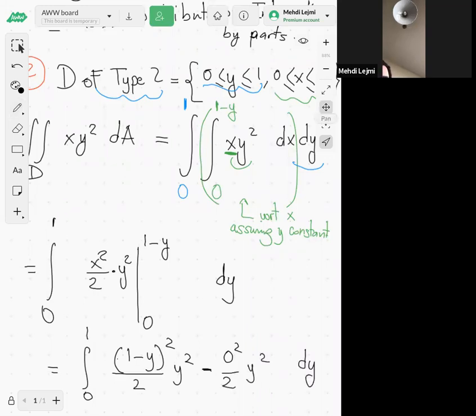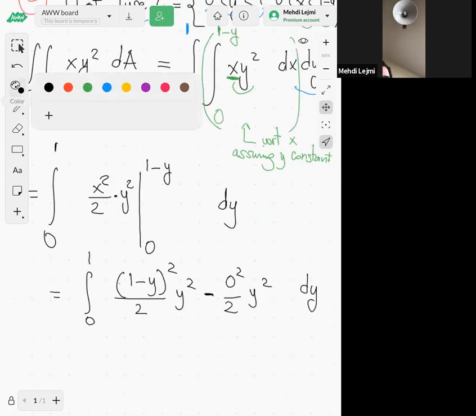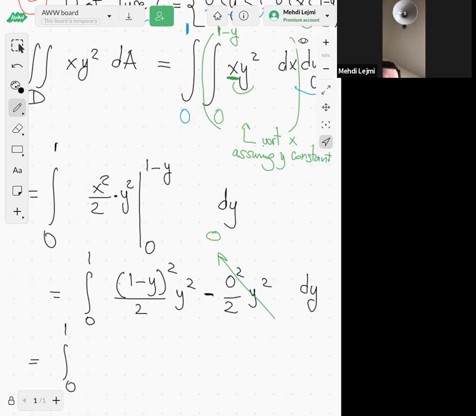Of course this is just 0. And then we're going to have just the integral from 0 to 1 of half (1 minus y) squared times y squared dy.